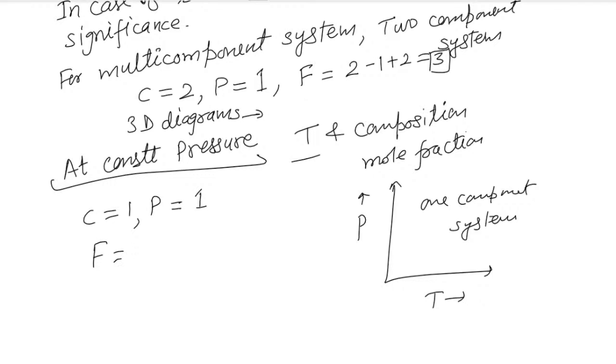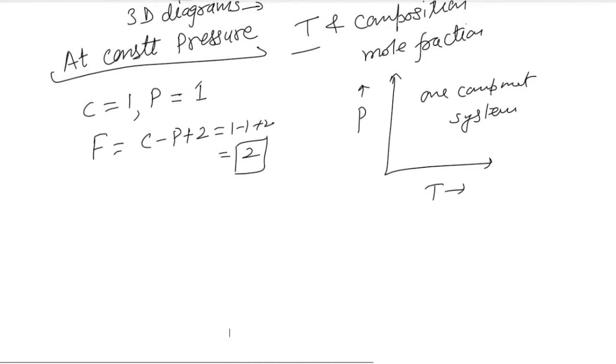So the maximum number of degrees of freedom is C minus P plus 2, 1 minus 1 plus 2. That means the maximum number of degrees of freedom is 2, that is temperature and pressure. So we plot a graph between pressure and temperature. That is the phase diagram for a one component system.